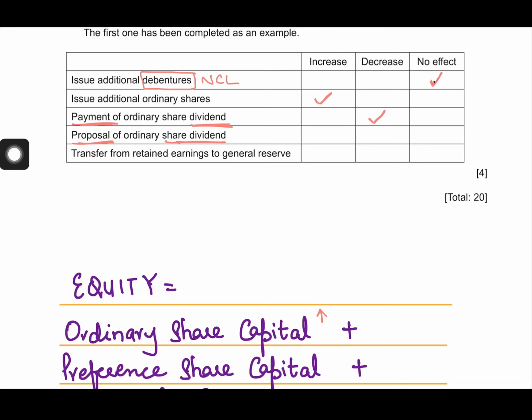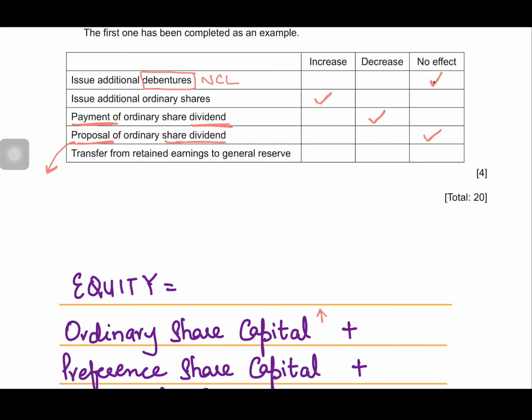You have just proposed that you might give this much of the dividend to your ordinary shareholders. So just the proposal, just an agreement not yet given, will have no effect on your equity. Once they are paid, then they decrease your equity or your retained earnings, but just a proposal will have no effect on your equity. These are just written in the notes to accounts, right? These are not yet subtracted, not yet paid to the shareholders.